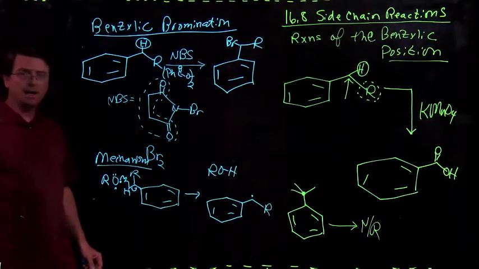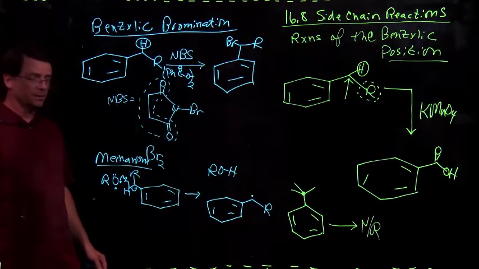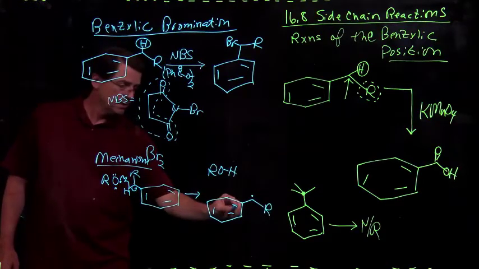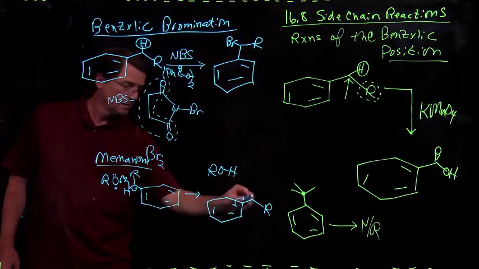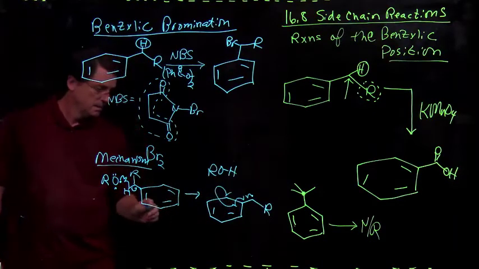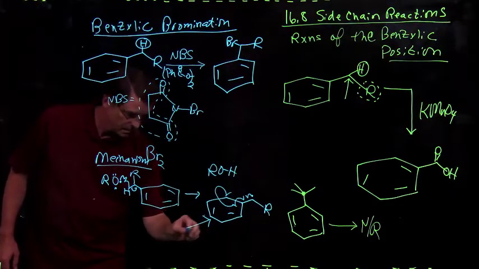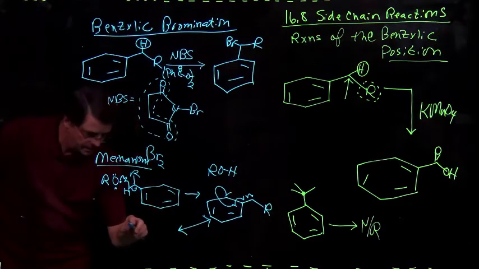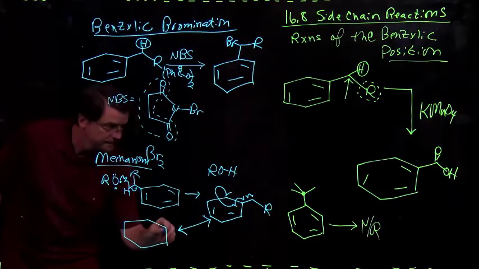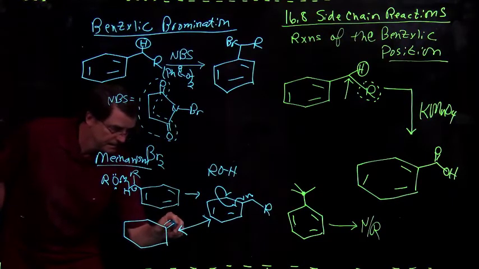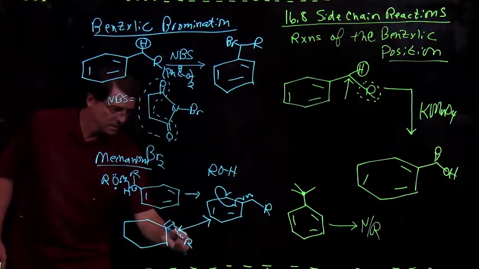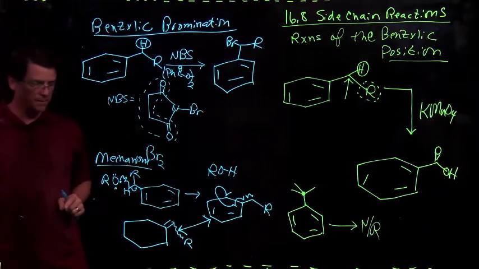And of course, that radical is stabilized like all other anions or cations at the benzylic position. It is delocalized. And I'm going to draw a resonance form over here for you. Remember, that squiggly line there means that the geometry is undefined.